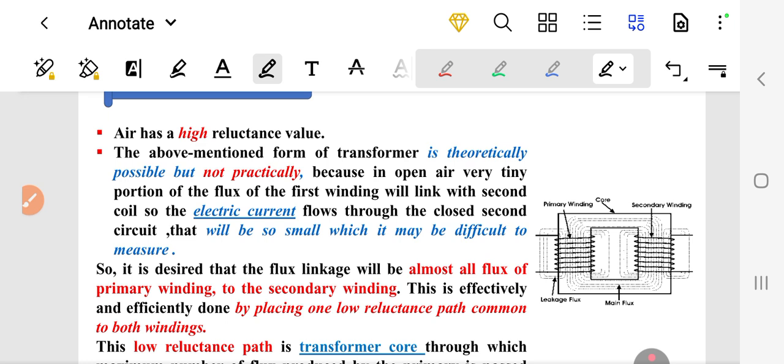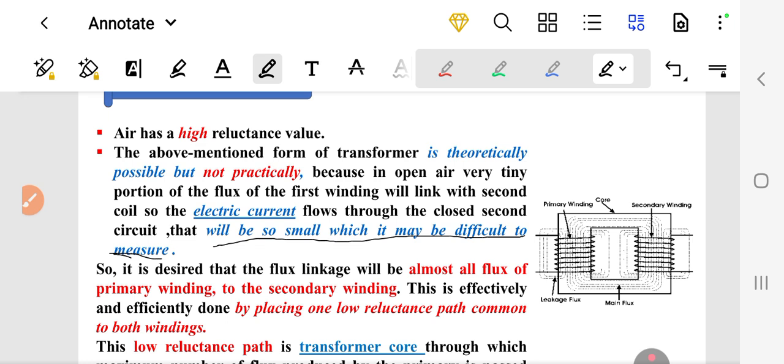Only a small portion of the flux from the first coil will pass to the second coil because of air resistance to flux passage from the first coil to the second coil. Therefore, there will be a small amount of flux and the voltage will be very small and difficult to measure.